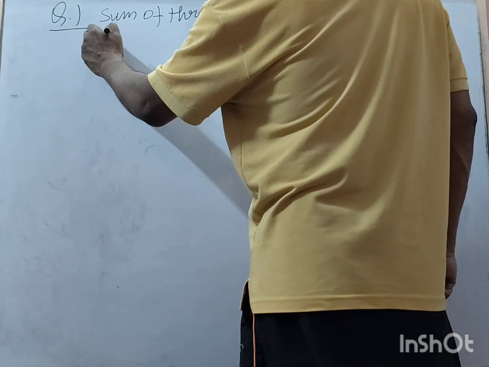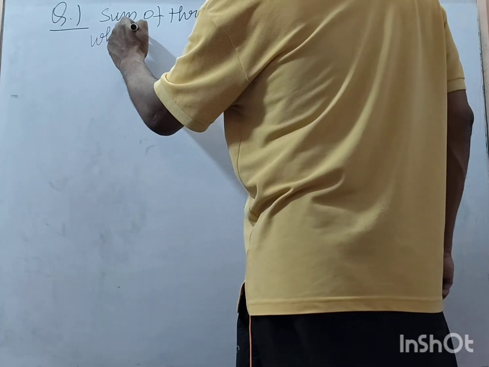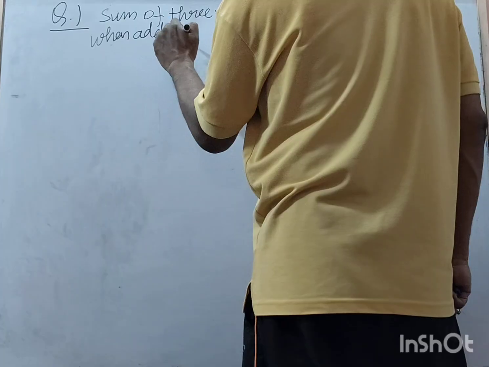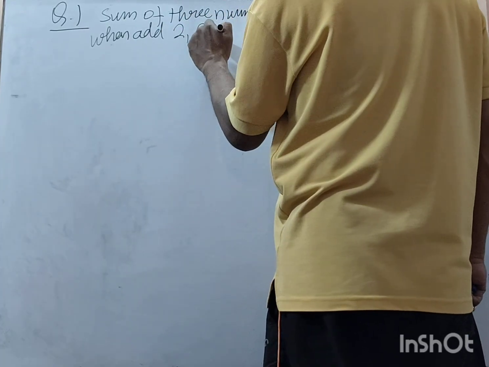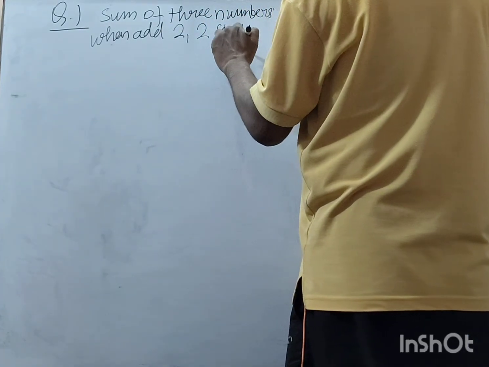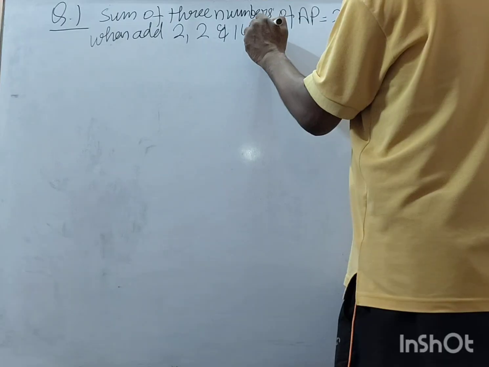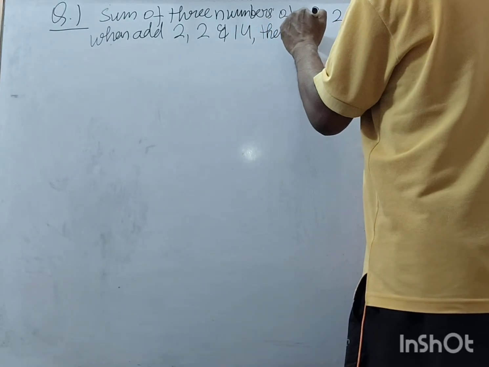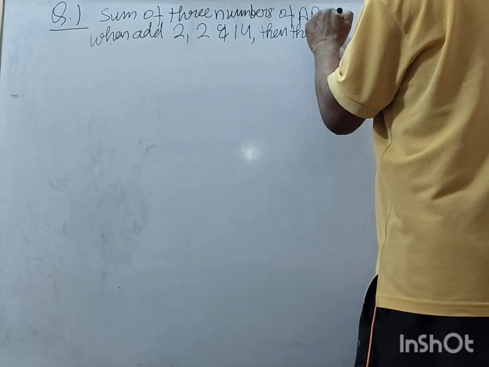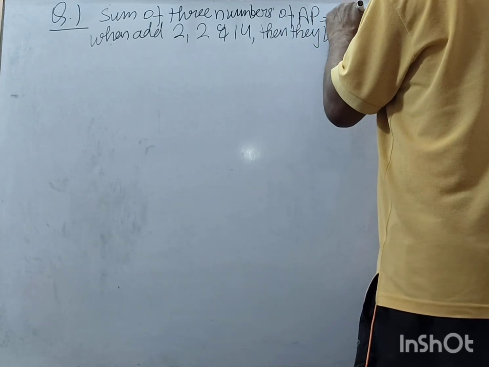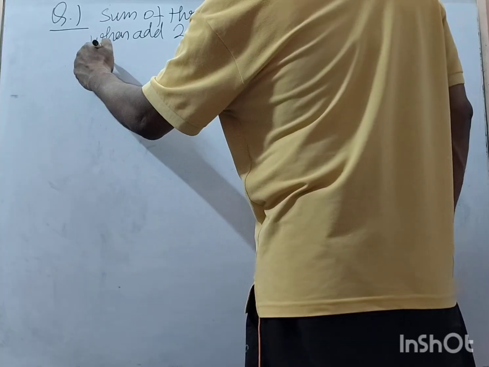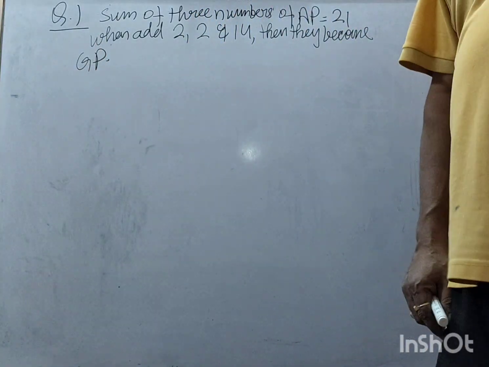When 2, 2 and 14 are added, they become a GP.